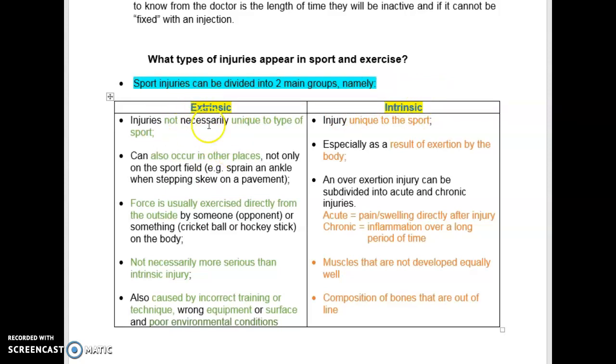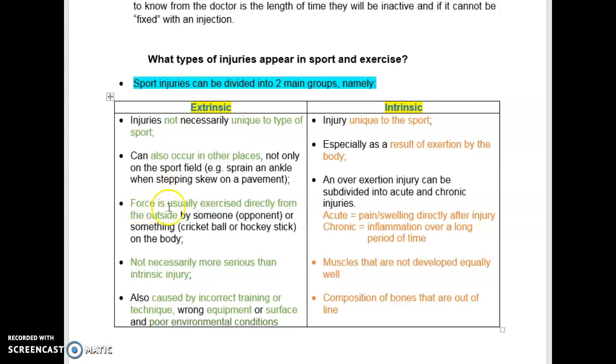So extrinsic, you must be able to name the differences. Extrinsic is not necessarily unique to that sport. It's outside factors, not from that specific sport. It can occur in other places and not only on that sports field.